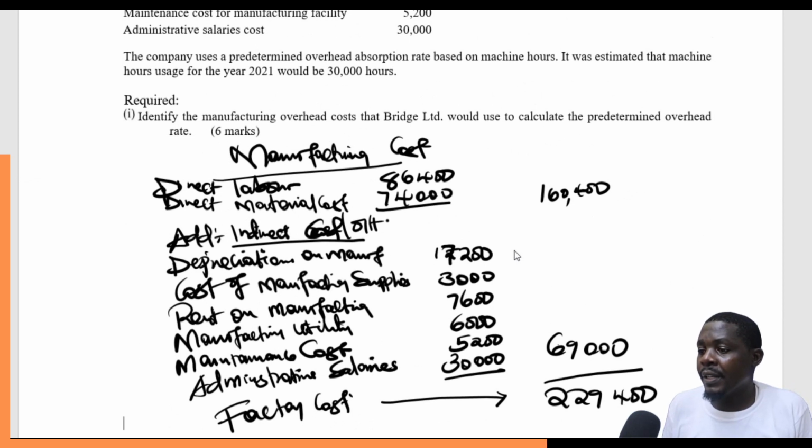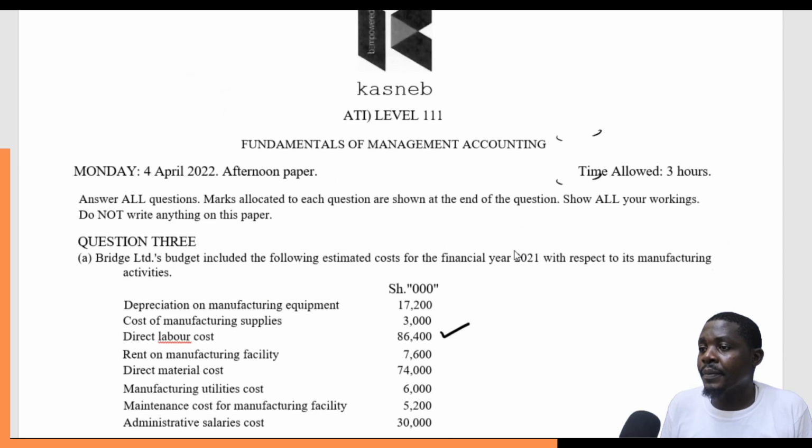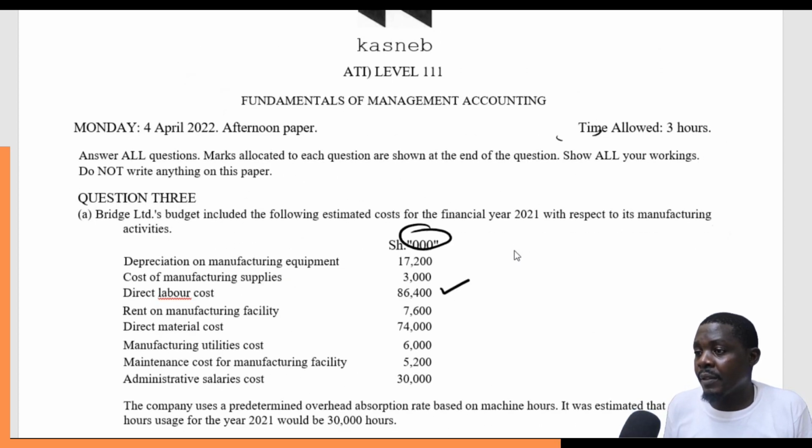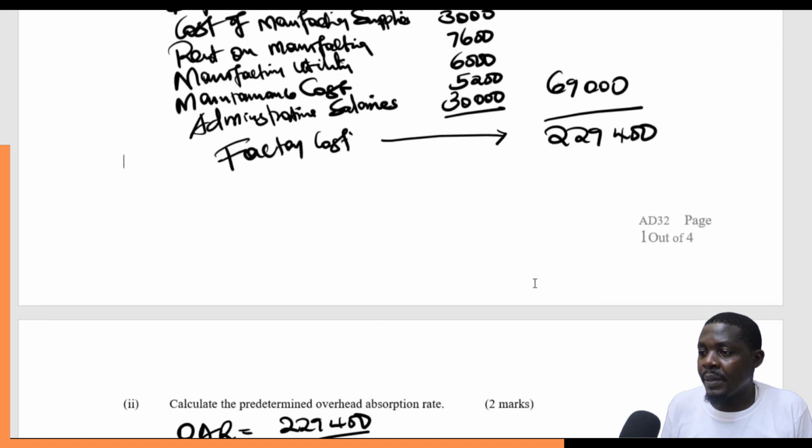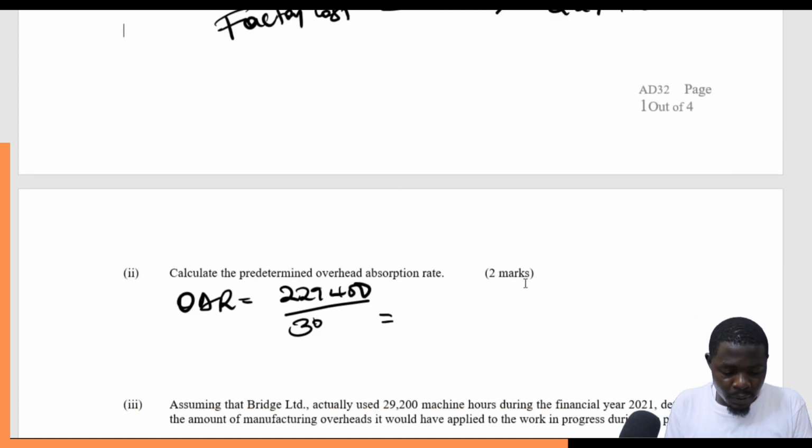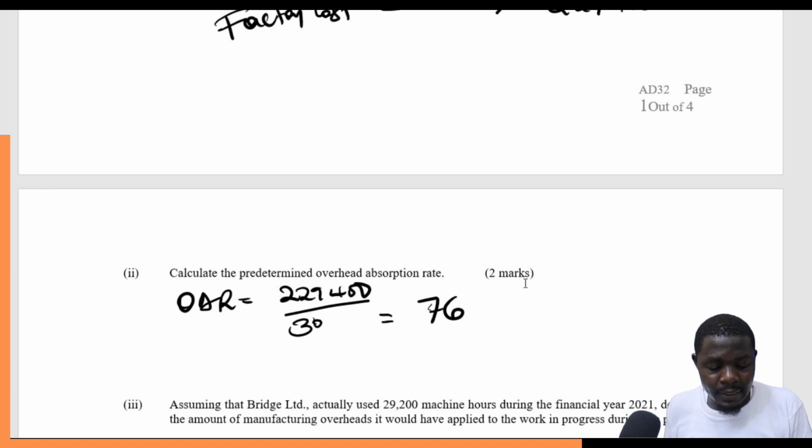These figures are in thousands already. Therefore, you just divide by 30. You have the predetermined overhead absorption rate as 7,646.666. Now we can just round off to a whole number, 7,647.